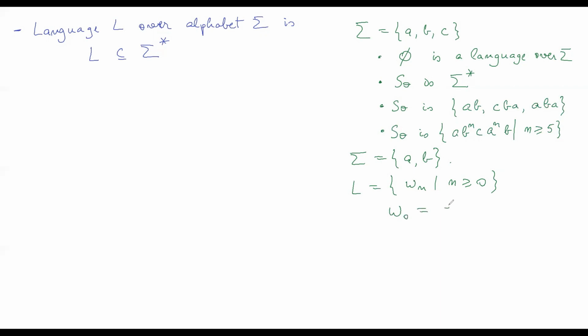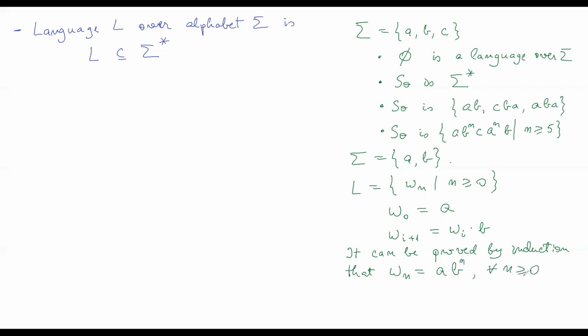I say W0 is just made of one single letter, A, and then word W(i+1) is exactly Wi concatenated with, say, B. And it can be proved by induction, but I will not do it here, that Wn is exactly A B to power n for all n greater than or equal to 0.